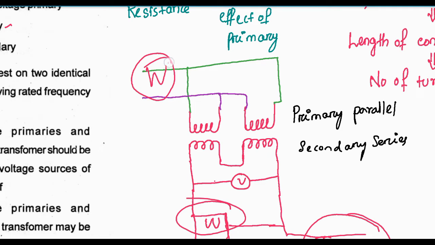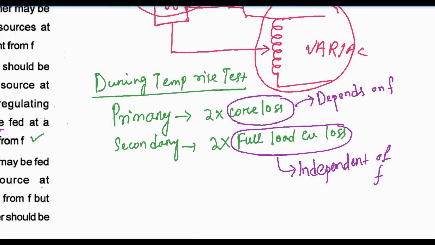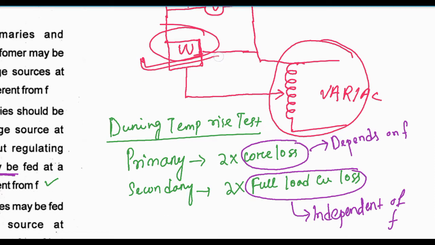This wattmeter will measure the core losses of the primaries. The primary wattmeter is giving 2 times the core losses, and the secondary wattmeter is giving 2 times the full load copper loss.